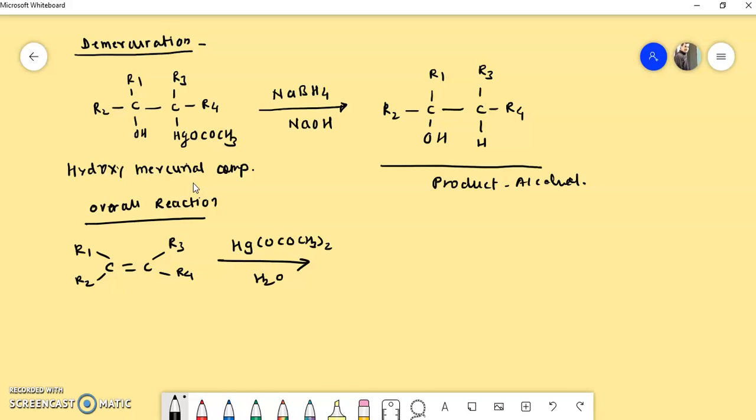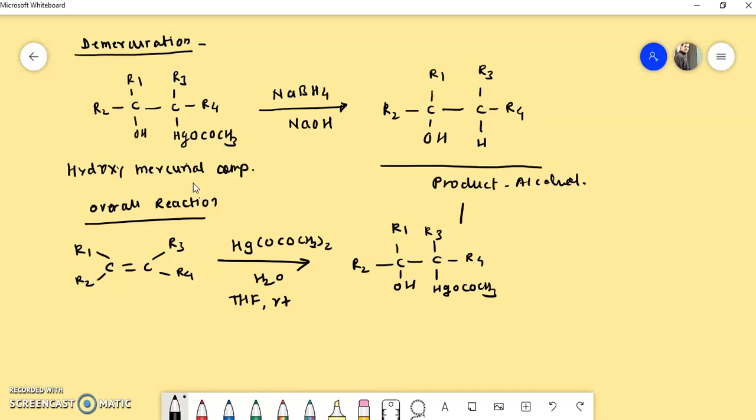This is carried out in THF solvent at room temperature. There is formation of this hydroxymercurial compound in the first step, with HgOCOCH3, R3, R4.